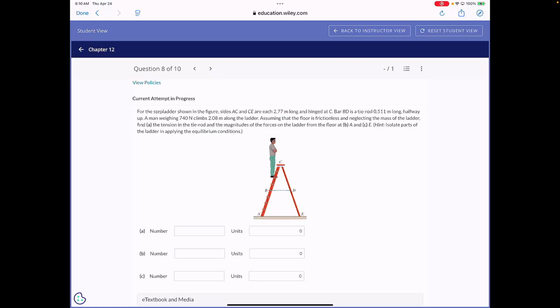What is this tie rod doing? If this weren't here, what would happen? Which way is the tension acting on my side of the ladder? Tensions can only pull. Which way is it pulling here?